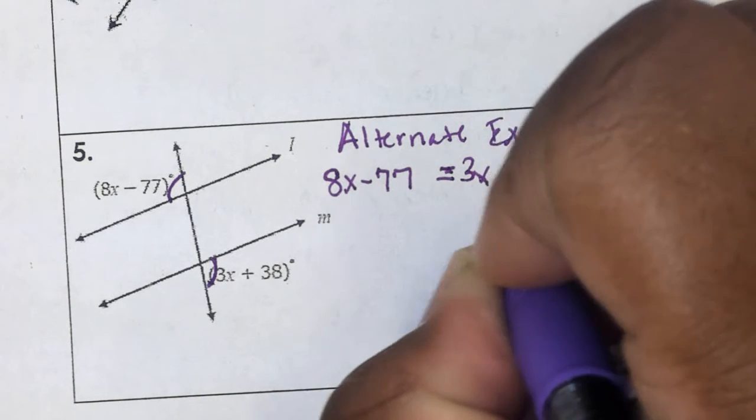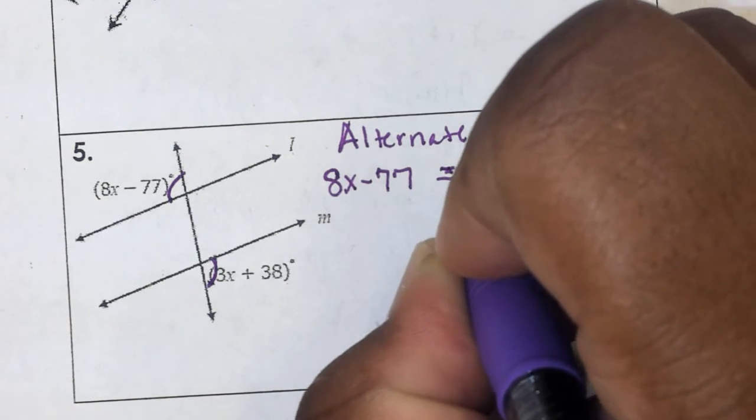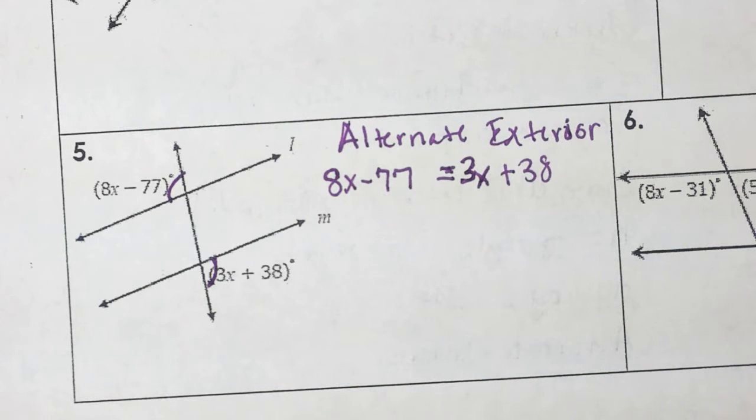plus 38. Now I don't want y'all to get in the mind frame of thinking everything is going to be congruent. You should know it. Everything isn't.